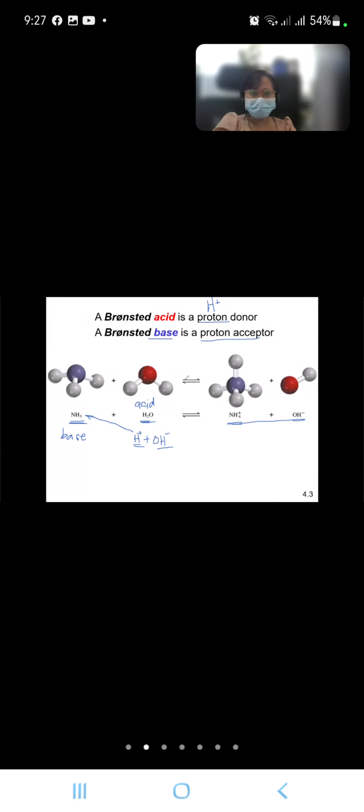They have different definitions, Arrhenius and Bronsted. So according to Bronsted, an acid is a substance that donates a proton, while a base is a substance that accepts a proton. Since in this reaction, the acid donates a proton, a hydrogen ion, to ammonia, water is our Bronsted acid. And ammonia is our Bronsted base.